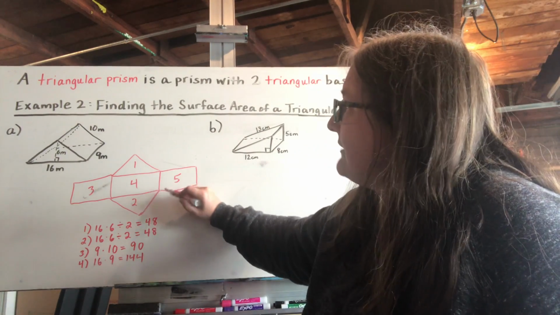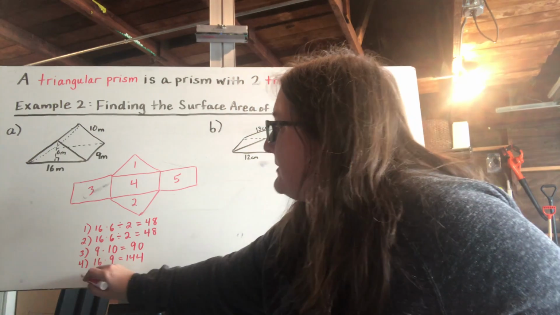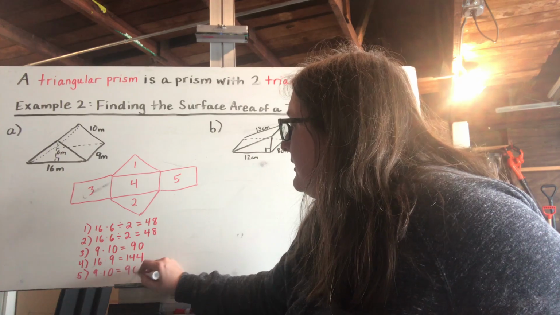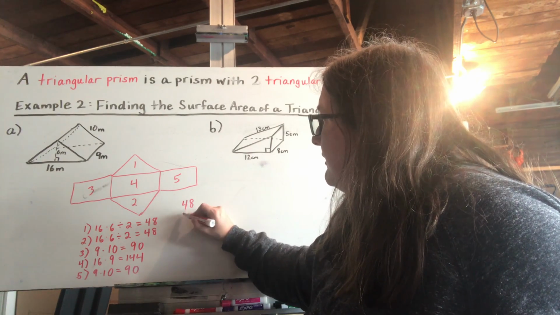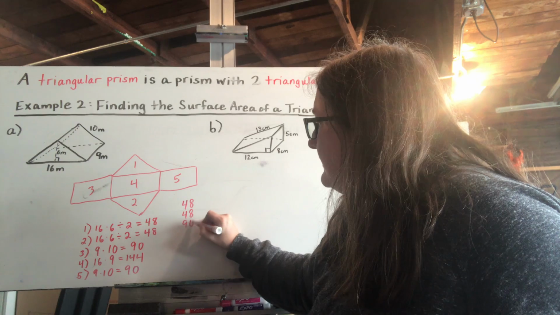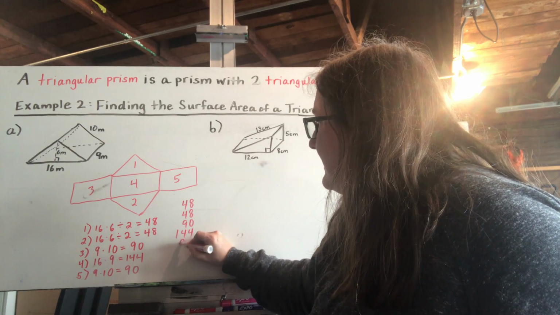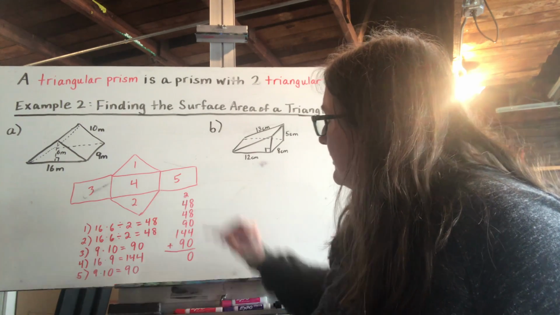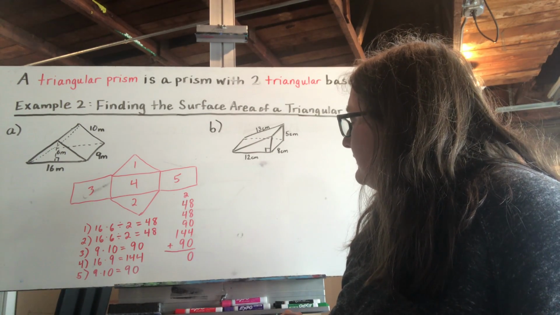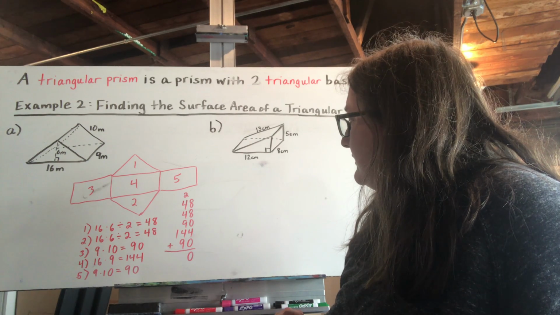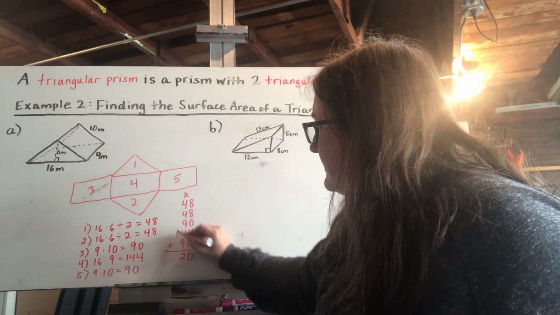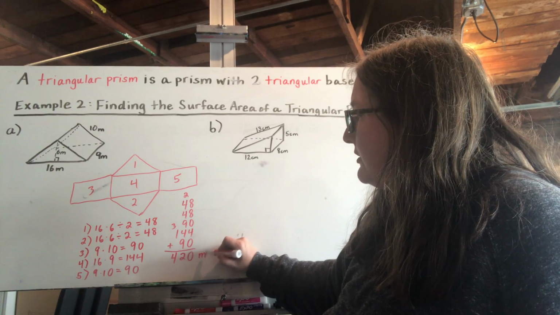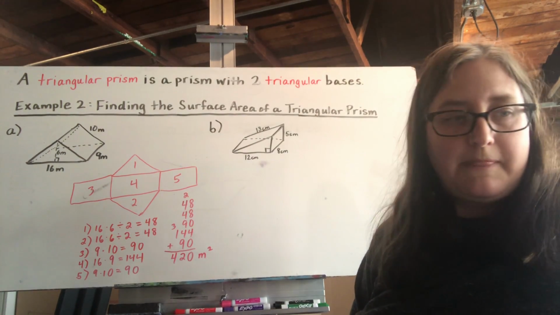And then side number 5 is the other rectangle reaching up to make the peak, another 9 by 10. So 90. So I'm adding up here 48, 48, 90, 144, and 90. So I get 420 meters squared is my answer on this guy.